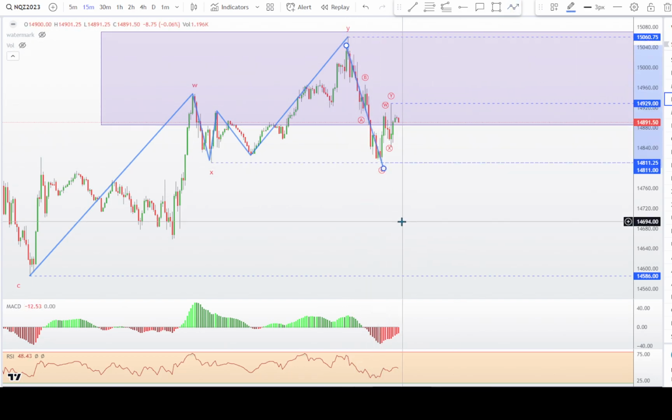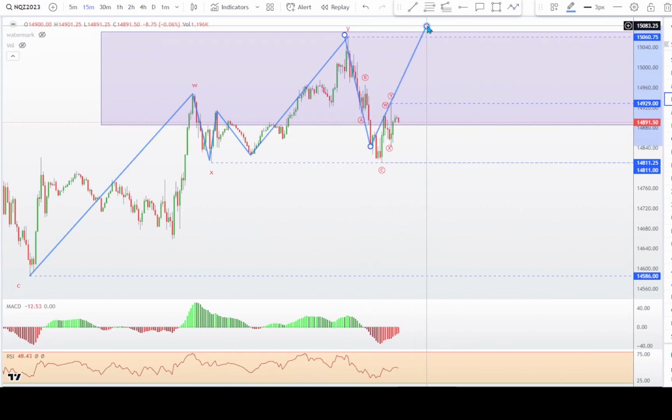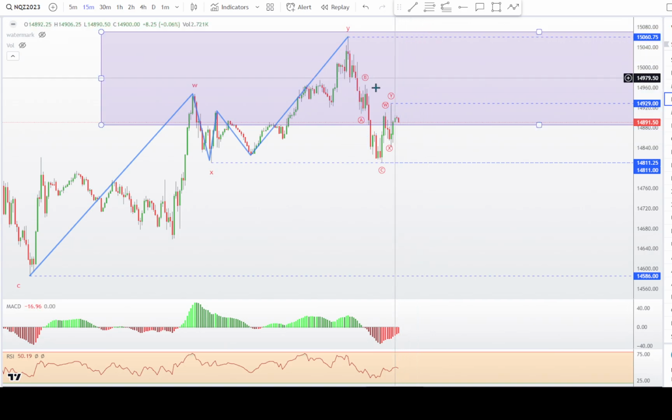So that's important. Well, for me it is, because there was a possibility that they were creating a leading diagonal. So instead of W, that could have been 1, three ways for 2, three ways for 3 up here. And then they could have been coming down three ways for a 4 and then go back up. But they didn't do that.